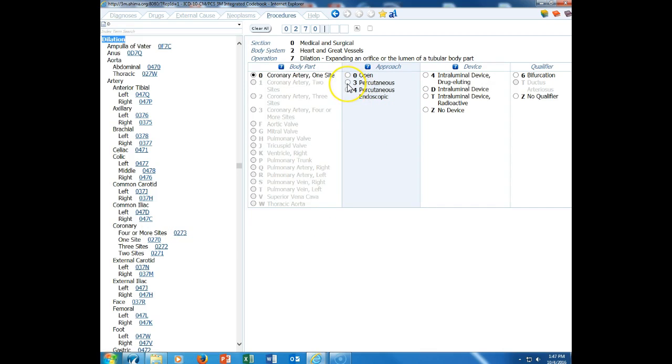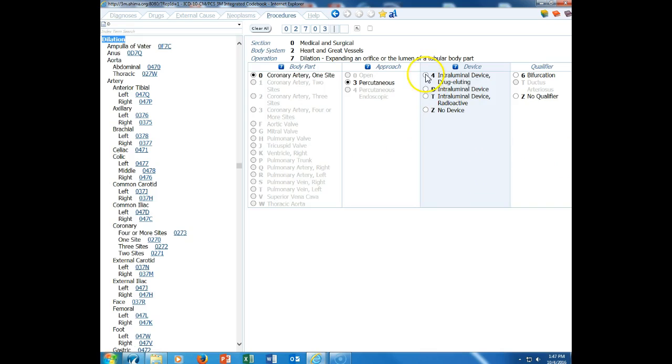And this is done. The approach for this, it tells us that the drug-eluting stent was inserted. And so we assume your book has coded this to, this approach is percutaneous.